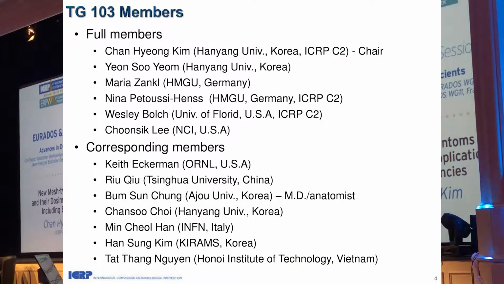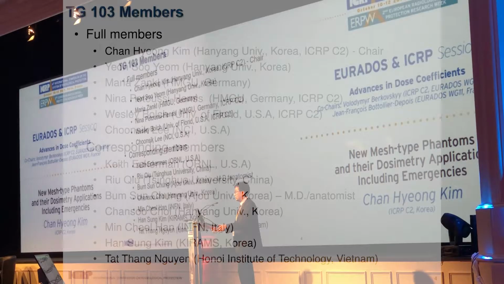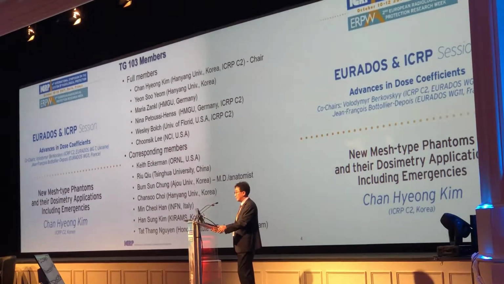This slide shows the current task group members. We have a very good combination. First, it's me from Korea, and Dr. Yeon Soo Yeom. He is here now, and he's from my research team. And also we have Dr. Maria Zhang and Dr. Jina Petoussi-Henss from Germany, and they are the ones who developed the current ICRP reference computational phantoms.